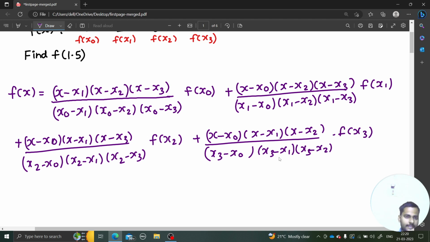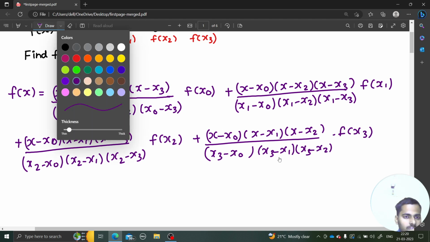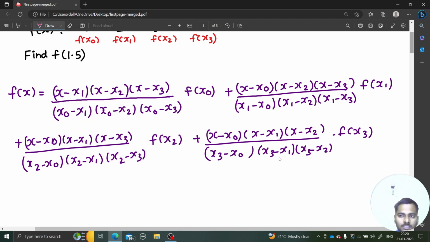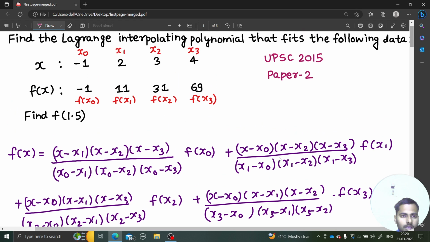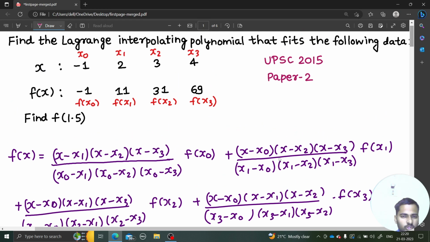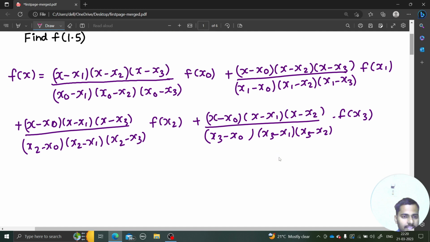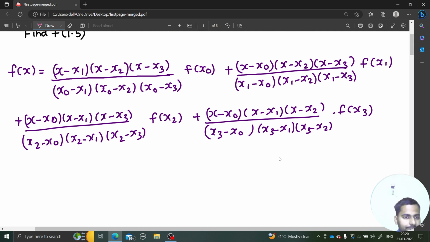Now it's time to plug in the values. So let's do that. You have minus 1, 2, 3, 4 as the values.